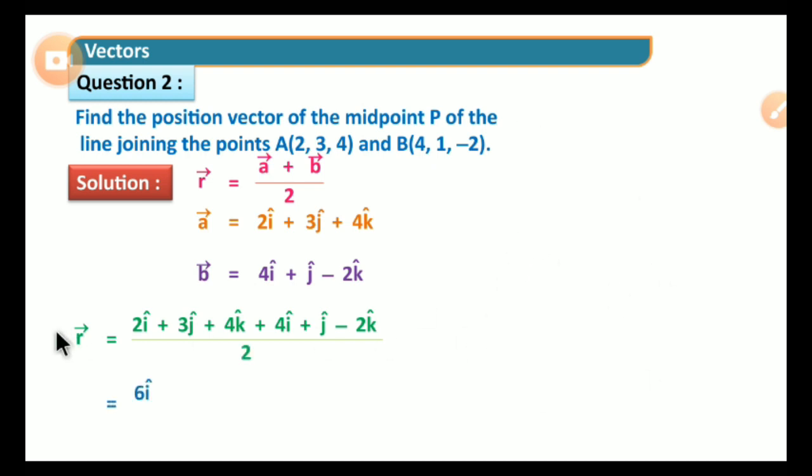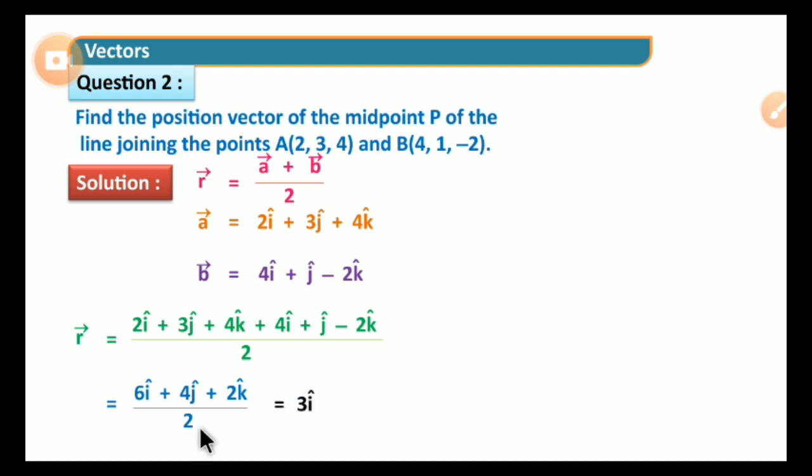After the simplification, 2i plus 4i becomes 6i, 3j plus j becomes 4j, 4k minus 2k becomes 2k, whole divided by 2. So this is the position vector of the midpoint P.